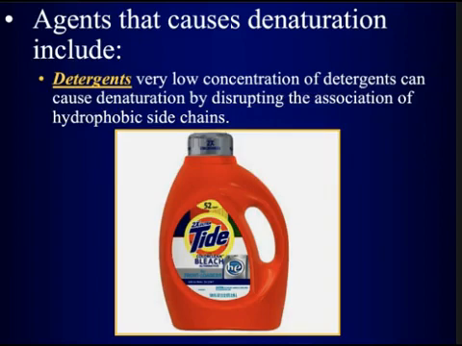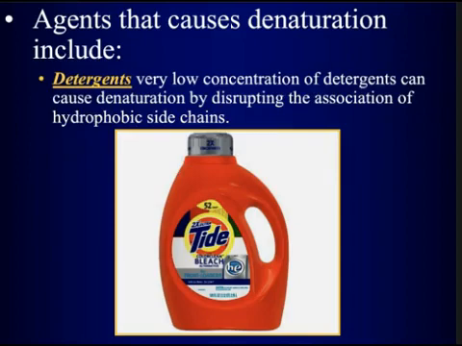Also detergents, so soaps, even in very low concentrations, can cause denaturization by disrupting the association of those hydrophobic side chains. So remember, we said soaps had a polar end and a nonpolar end. If the nonpolar end is interacting with the nonpolar, hydrophobic side chains, well, then it's no longer interacting with itself in the protein.